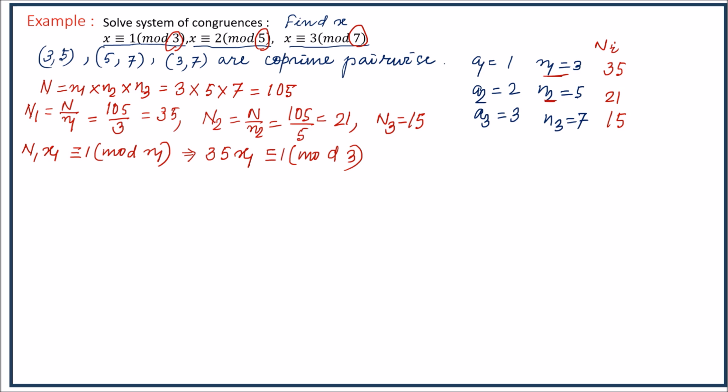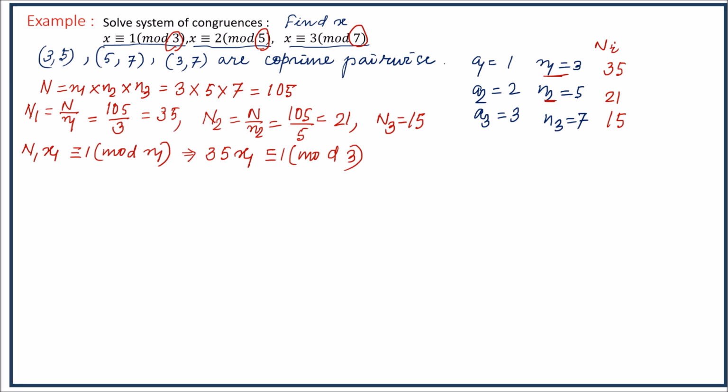I have to think of what should be the x1 so that the product with 35, when divided by 3, leaves remainder 1. By trial method, 35 multiplied by 1 does not leave remainder 1 when divided by 3.